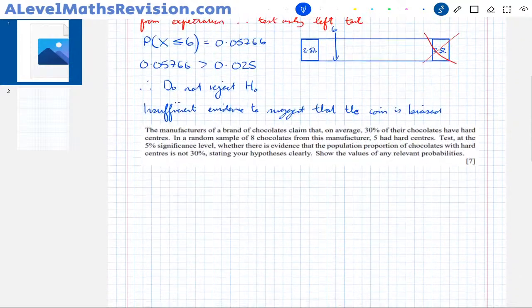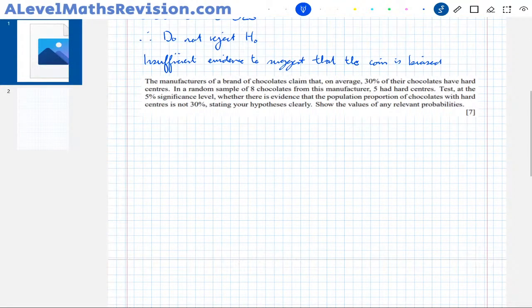So I'll get you started a little bit. The manufacturers of a brand of chocolates claim that on average 30% of their chocolates have hard centres. In a random sample of 8 chocolates from this manufacturer, 5 had hard centres. Test at the 5% significance level whether there is evidence that the population proportion of chocolates with hard centres is not 30%, stating your hypotheses clearly.